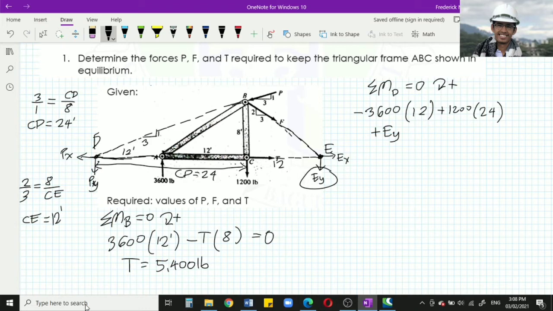So, that will be EY natin or yung FY natin. So, let's call this FY na lang para hindi tayo malito. Nagkaroon ng dagdag na force.